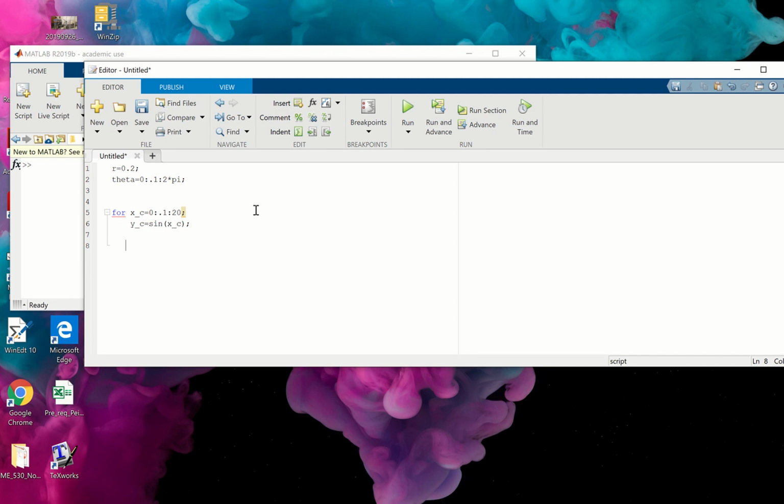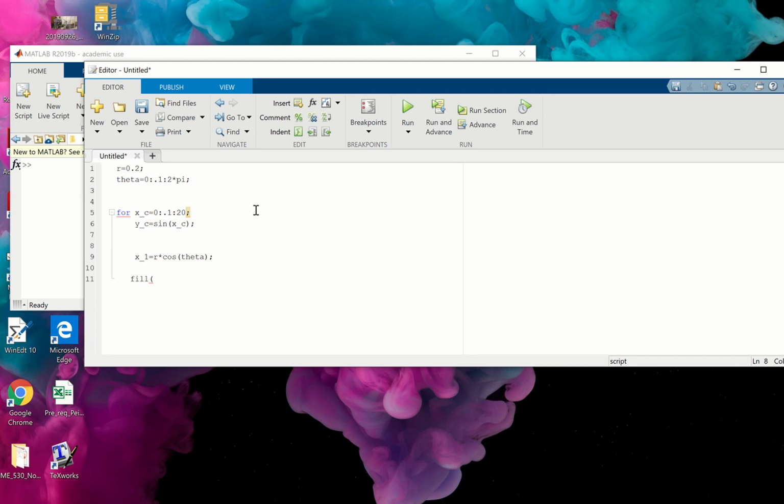So now if I say fill, as I taught you, fill what? We know that x of the first circle, x1, is going to be r multiplied by cosine of theta, as I taught you in the previous class. This is the first circle I'm writing here.